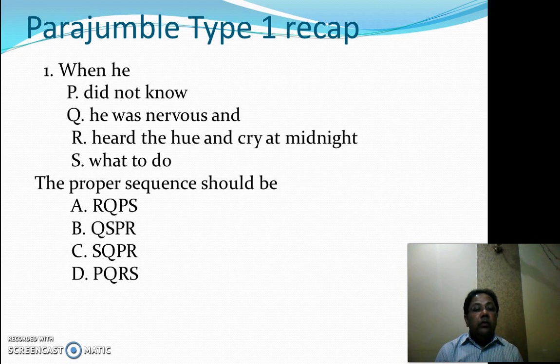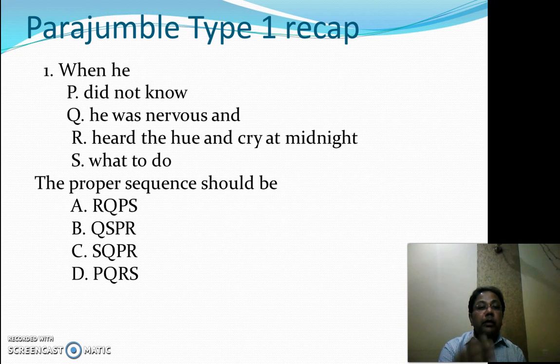Now we have to move to the next sentence to decide which will come after P or R. "When he did not know, he was nervous, he heard the hue and cry at midnight, and what to do."